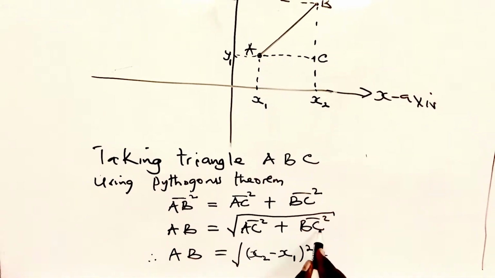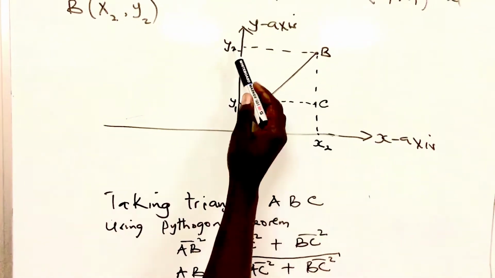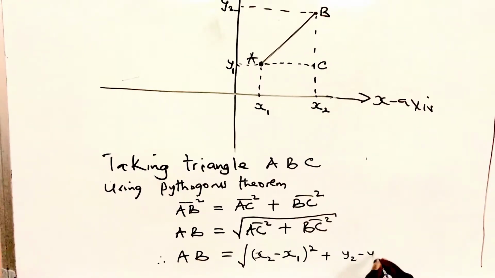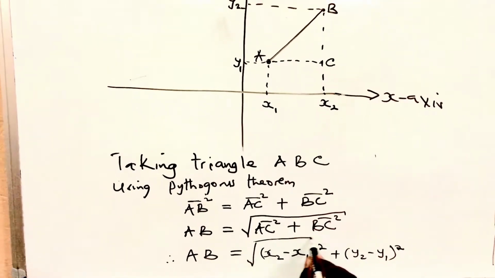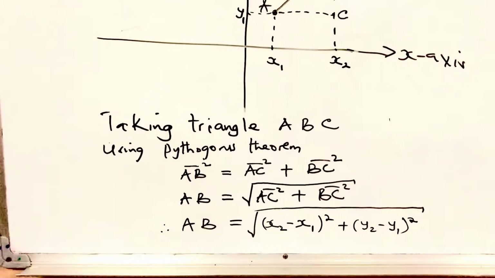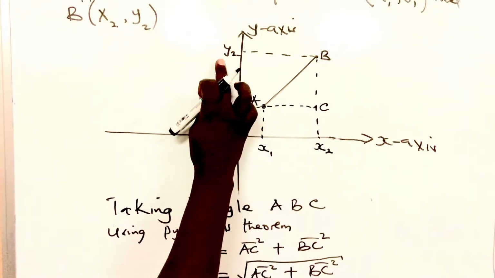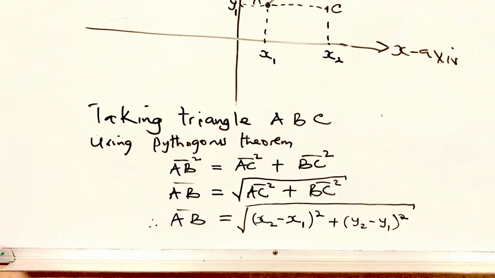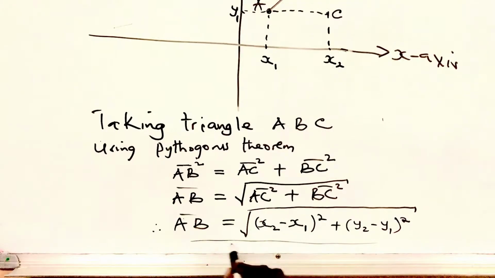Plus BC, it is from B up to C, so we shall say the bigger y2 minus the smaller y1, so y2 minus y1. It is also squared, but the whole of this is under the square root. If we had the values of x1, x2, y1, and y2, we would get the length AB. So this is the formula for finding the length AB.